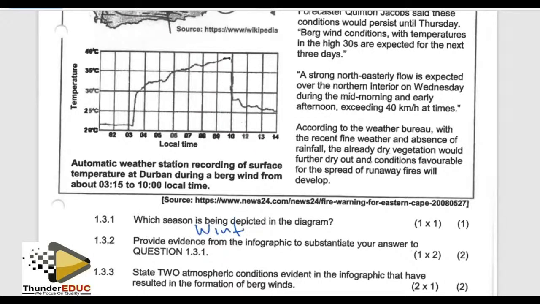Now they say, provide evidence from the infographic to substantiate your answer to question 1.3.1. Whatever we are going to give must be gotten from the infograph. Let's go to the infograph to show why we are saying this is winter season.